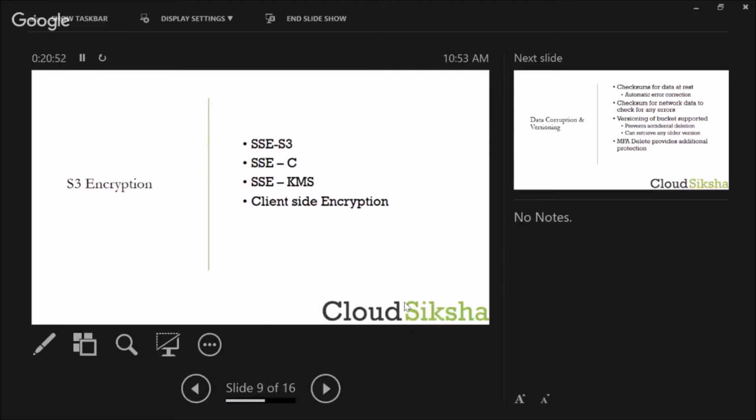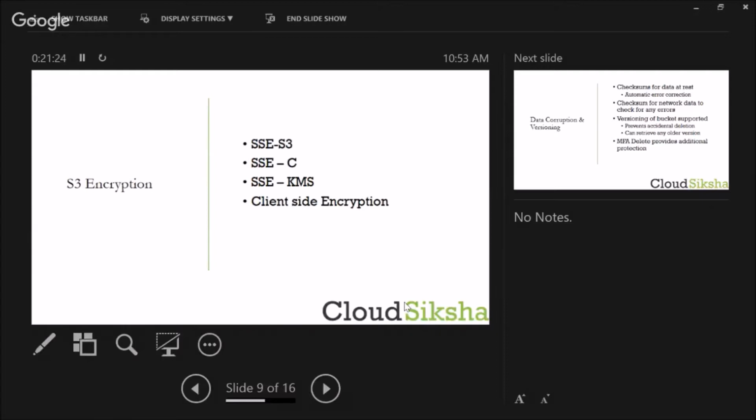Now, if you don't want to use KMS and you have your own keys, that's what we have written here as SSE. Okay, SSE here stands for server-side encryption. So note that down, because in an exam, many a times they may ask you about SSE. They may ask, which are the valid types of encryption? So they may say SSE-S3 or SSE-C.